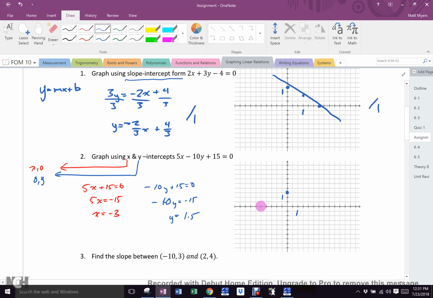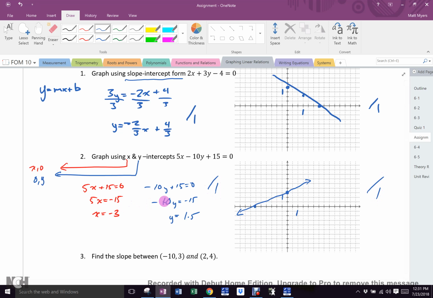So how far to the left do I have to go? 6, because I've changed my scale. 1, 2, 3. And it should look something like that for your, again, 2 marks. If you only found one of the intercepts properly, you should only get half a mark.